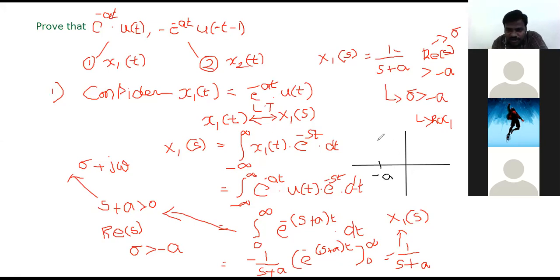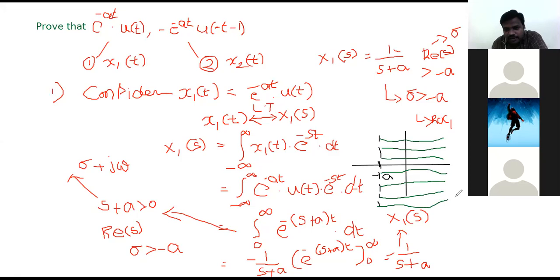So what is the region which is greater than minus a? So from minus a to infinity, that is the region which comes under ROC1. Now you see the lines indicate that that is the region of convergence for the first function, which is defined from minus a to infinity.